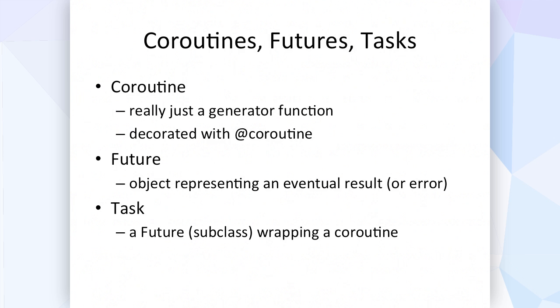As you could see in the example, a coroutine is really just a generator function. And actually, in most cases, it's not absolutely mandatory that you put that coroutine decorator on there. Now, I would strongly recommend to always put it on there because it helps the human reader of your code.